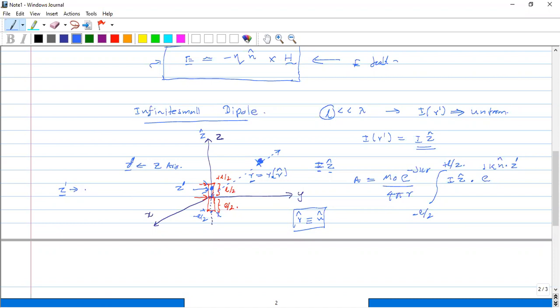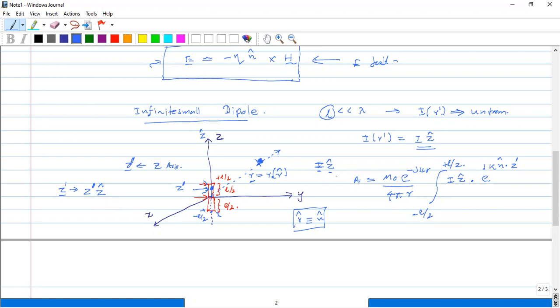The magnitude is z dash, and the direction is z hat, because it is along the z axis. So this vector is equal to z dash into z hat.